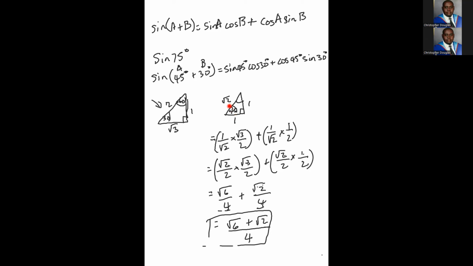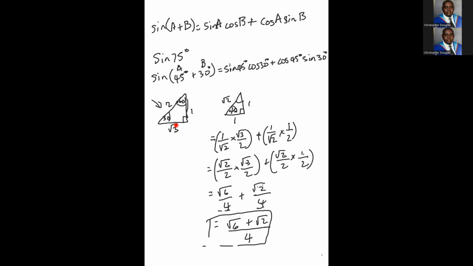Cosine 30 is adjacent over hypotenuse, we know that's root 3 over 2. Cosine 45 is 1 over root 2, and when rationalized, you multiply top and bottom by root 2, so you get root 2 over 2. So cosine 45 is root 2 over 2, and cosine 30 is root 3 over 2.